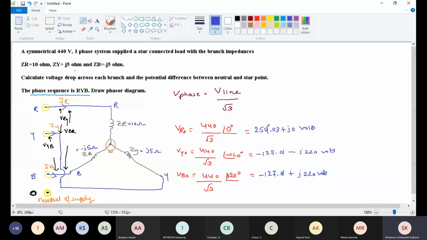I got VR0, VY0 and VB0. Now, last class we saw how to use Millman's theorem. I have written the formula: VN0 equals VR0 into YR plus VY0 into YY, and so on. It means phase voltage into admittance.